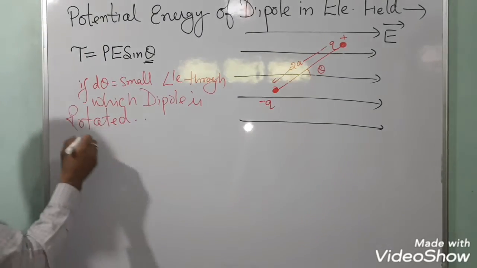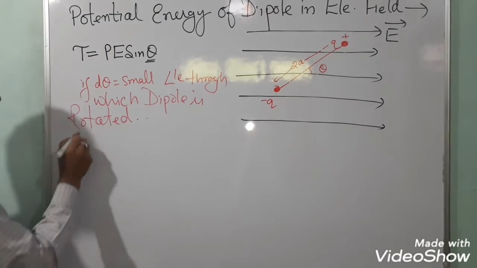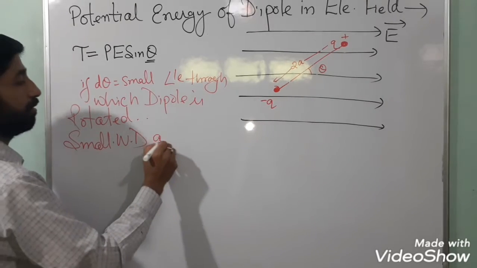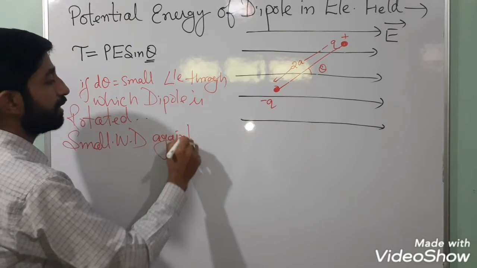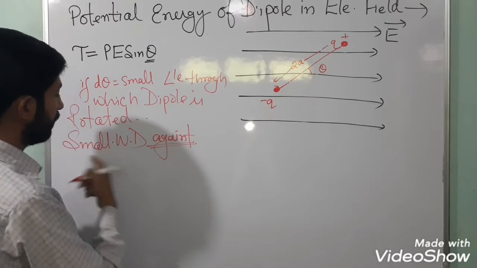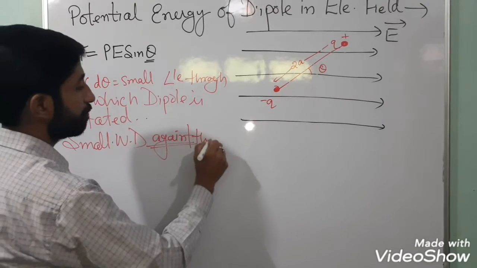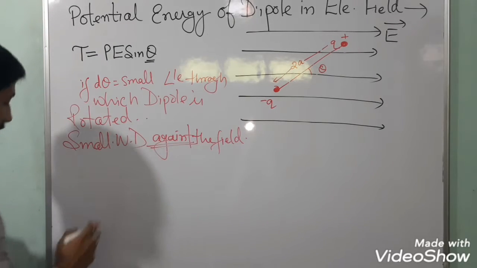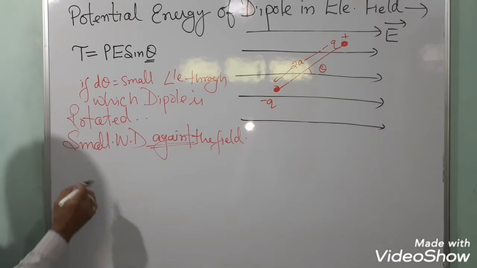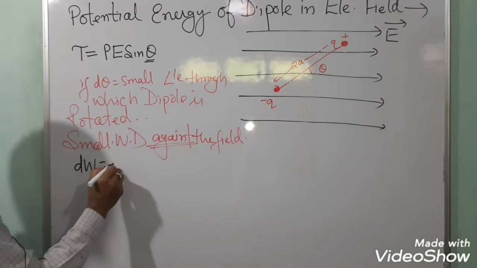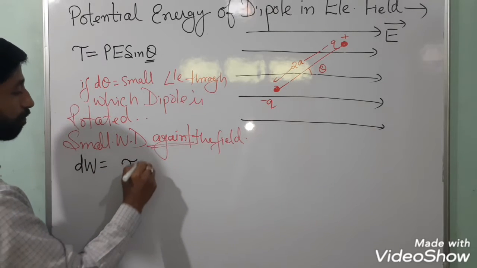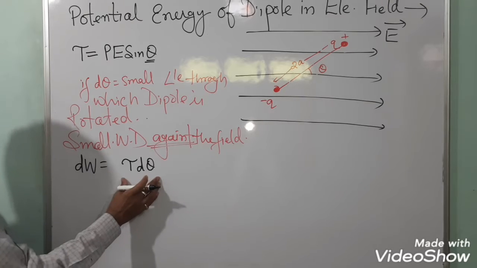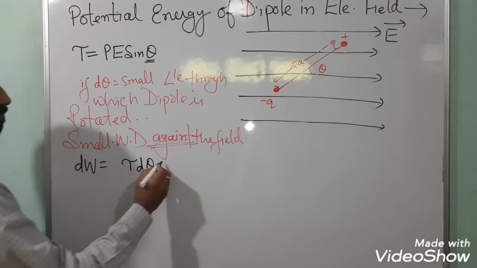So the small work done against the field is given by dW is equal to tau d theta. Okay, this is the formula for the small work done.